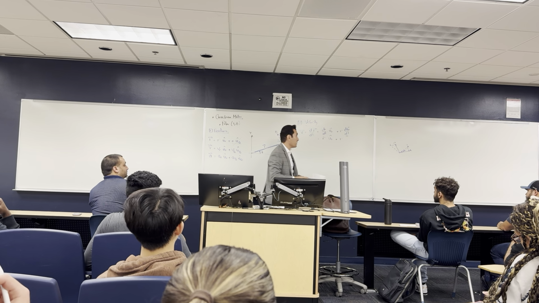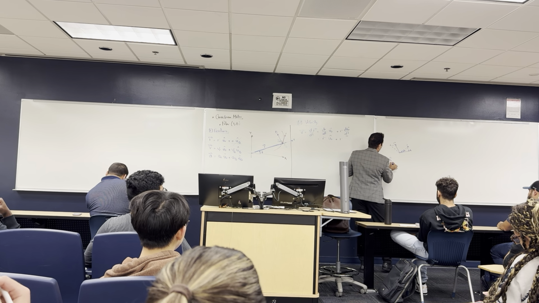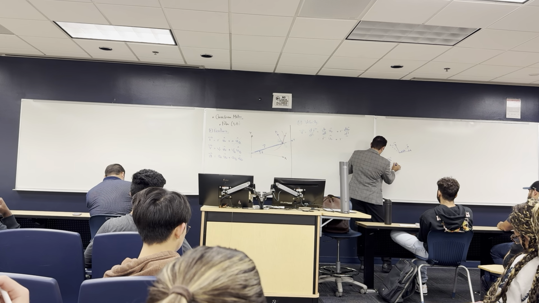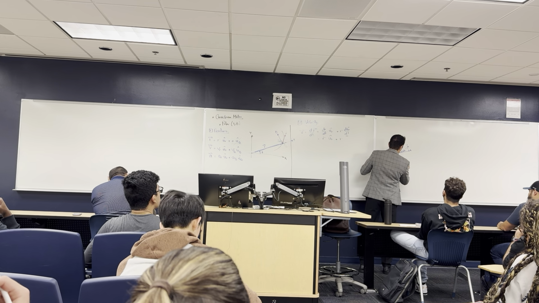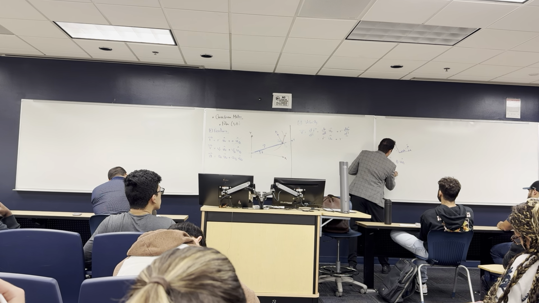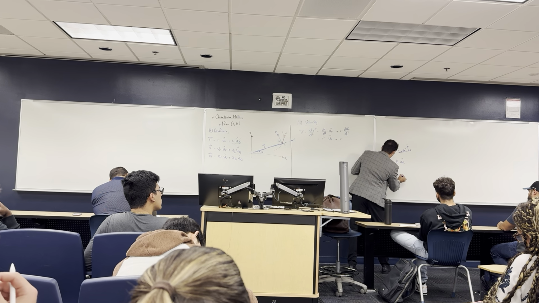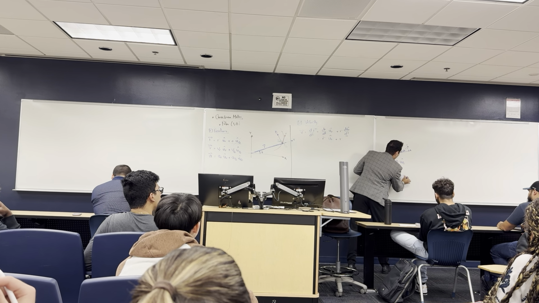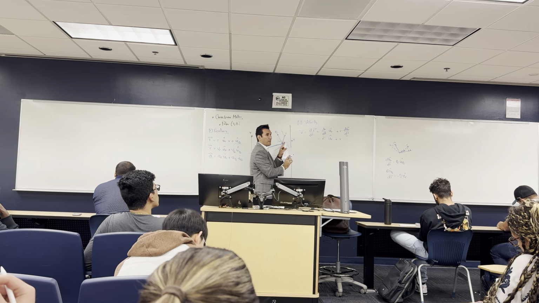I'm not gonna do it again. So I'm gonna say that dur hat dt is gonna be equal to theta dot u theta hat, and du theta hat dt is gonna be equal to negative theta dot ur hat. If you don't remember this, go back to the last lecture, where I did the derivation.